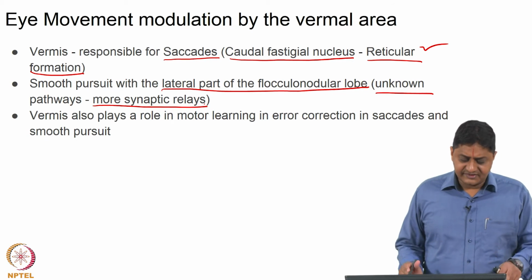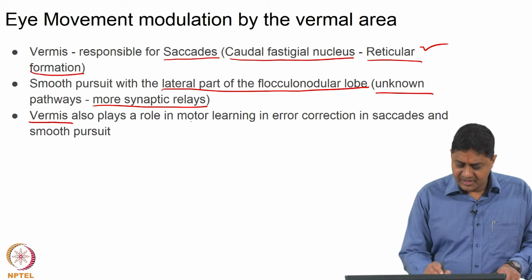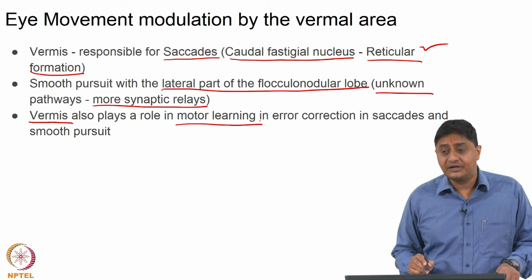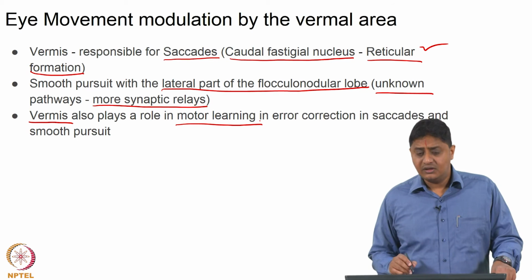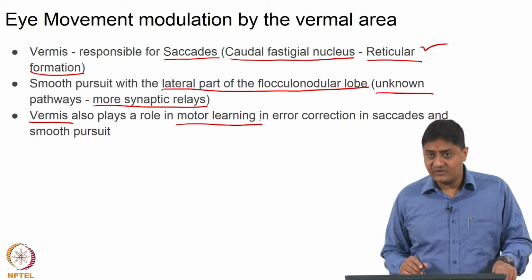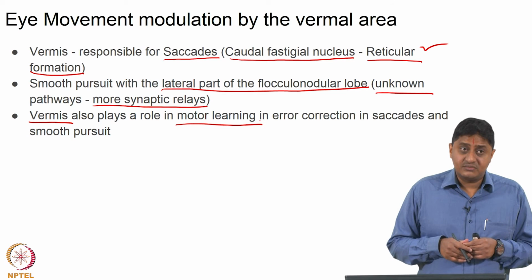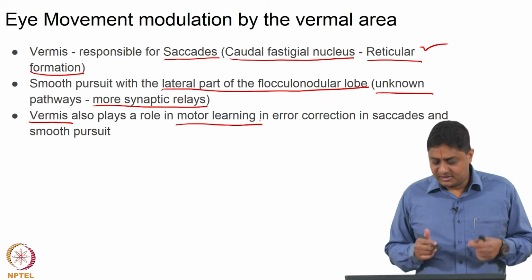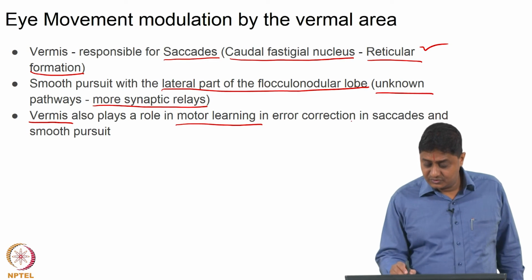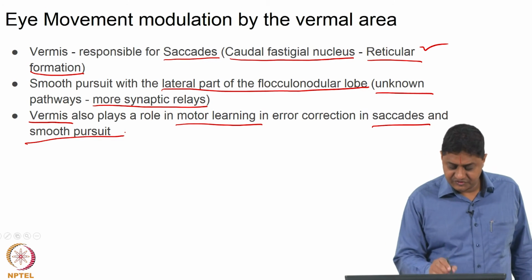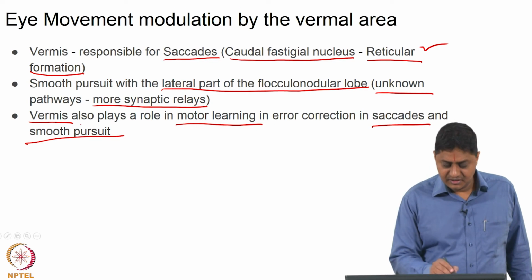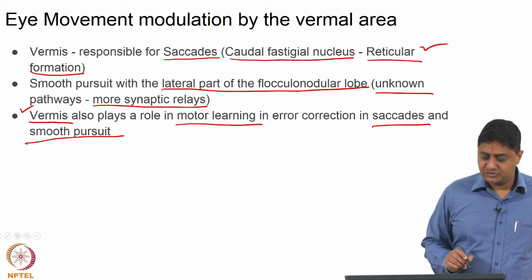Also, it is hypothesized that the vermis plays a crucial role in motor learning. What is motor learning? Motor learning refers to the phenomenon where there is a correction of errors made either in the short term or in the long term, especially when it comes to saccade and smooth pursuit error corrections. It is believed that the vermis plays a crucial role.